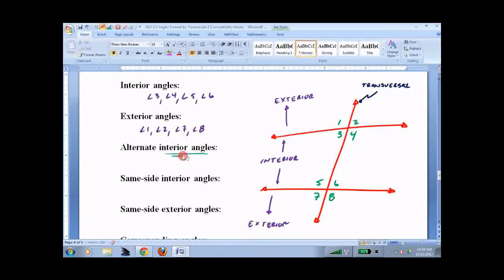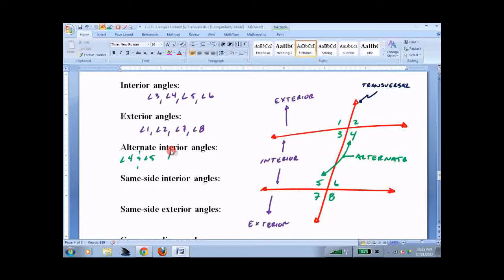Now we're dealing with interior angles, so again we've got all these, but we're dealing with alternate interior angles. So this causes all problems. These are alternate interior angles. It just means they're on opposite sides of the transversal. So they would be angle 4 and angle 5.